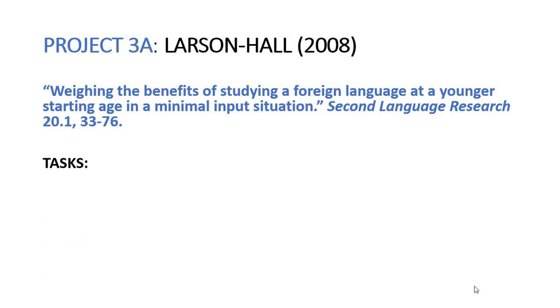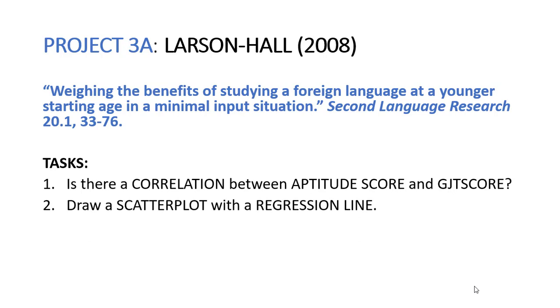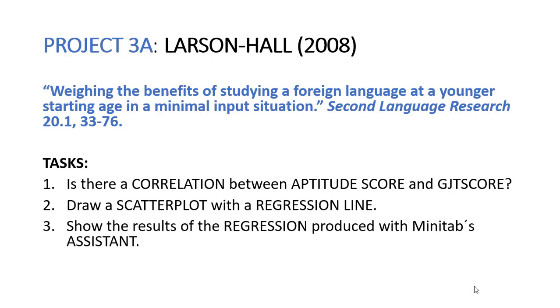So your tasks for this set of data: 1, you will see if there is a correlation between aptitude score and the grammaticality judgment test score. You will draw a scatter plot with a regression line, and you will show the results of the regression produced with Minitab's assistant. And finally, you will discuss the values for R and R square.